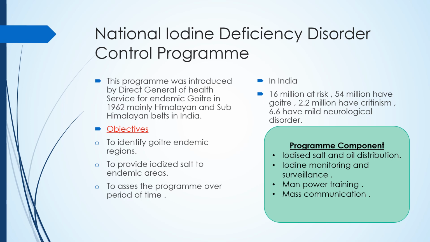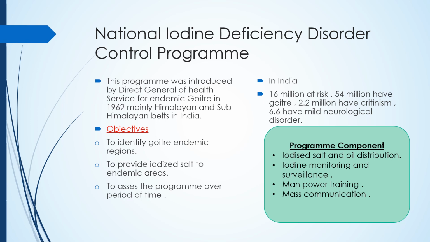The main objective is to identify the goiter endemic regions, means in which parts of India goiter is endemic. Identifying that was the aim of the program, and to provide iodized salt to the affected areas and assess the program over a period of time.